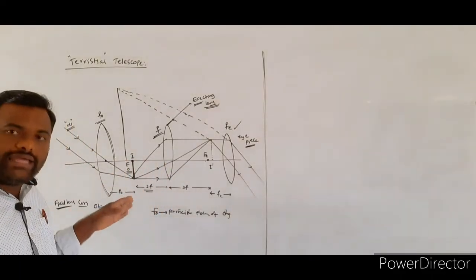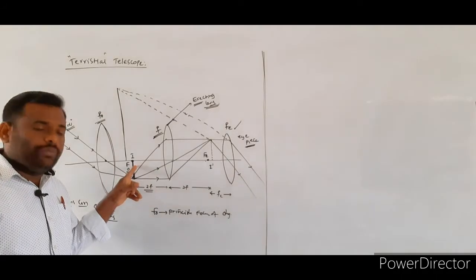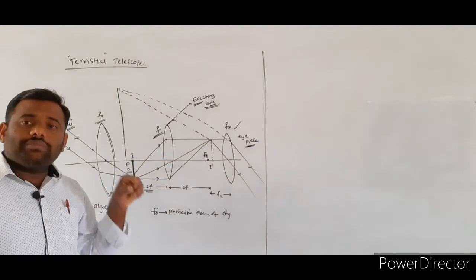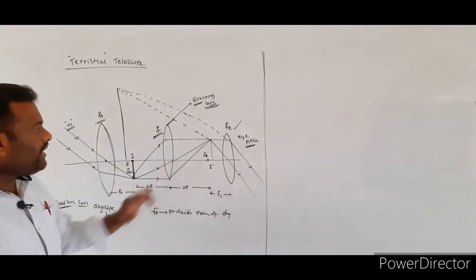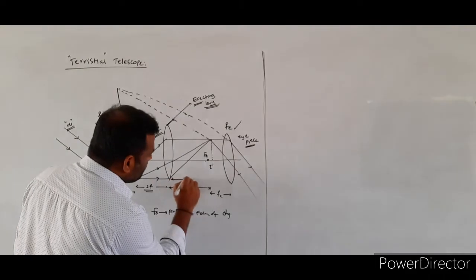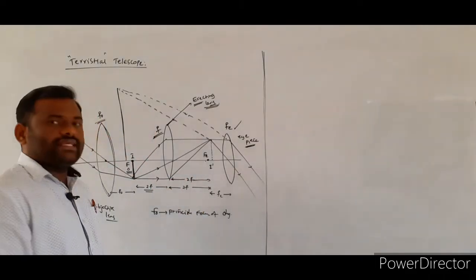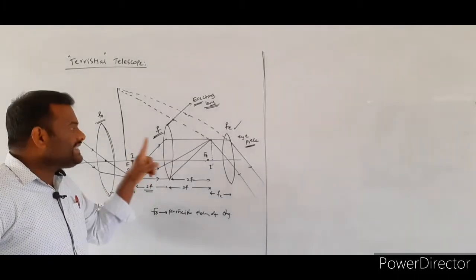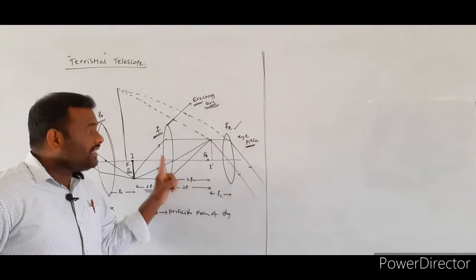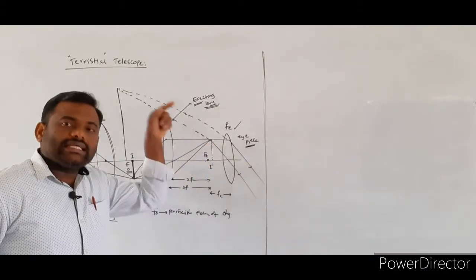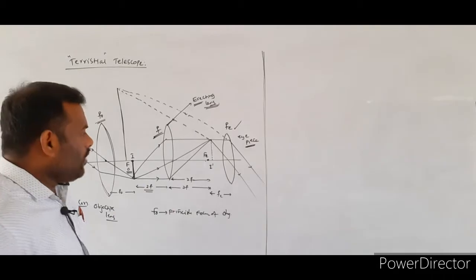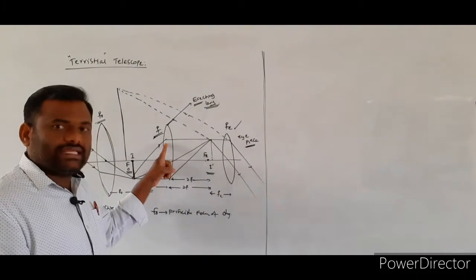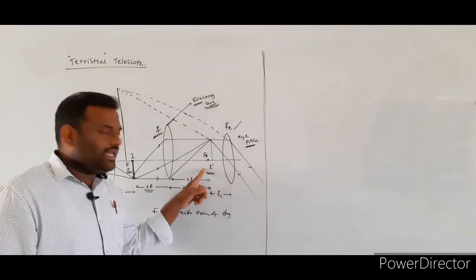Whenever the object is placed at 2f, the corresponding image is also formed at the same distance, 2f, on the other side. So whenever I is adjusted at a distance of 2f from the erecting lens, the corresponding image will be formed at the same distance on the other side. Now, I dash is the image with respect to the erecting lens.